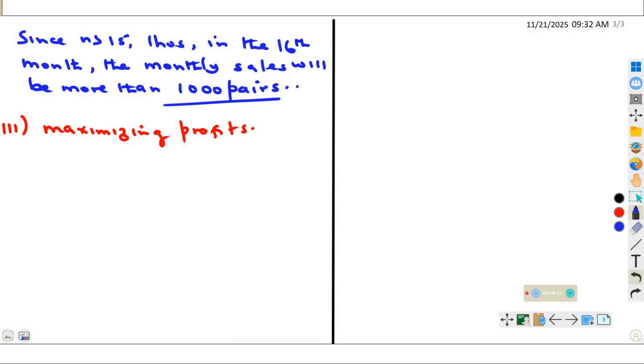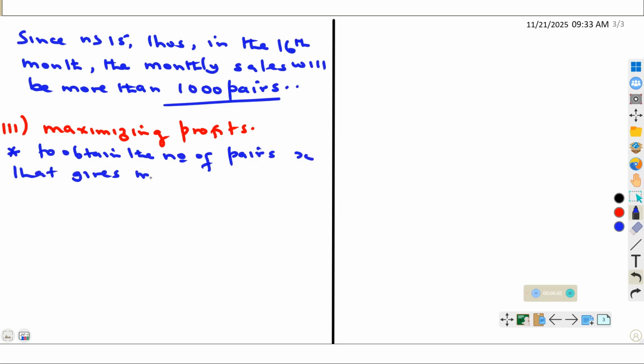Basically, we want to know the number of pairs X that gives the maximum profit. Here, our main aim is to obtain the number of pairs X that gives maximum profit.